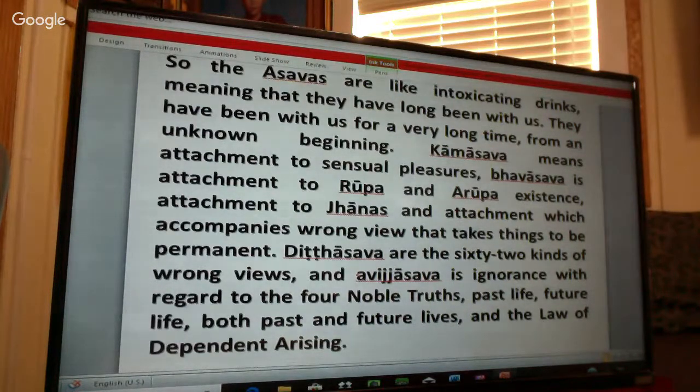Okay, and then the last one is ignorance in the law of dependent arising, Paticca samuppada. This kind of ignorance, we say avijja. If you don't understand cause and effect, avijja paccaya sankhara: because of ignorance, the mental formation arises.